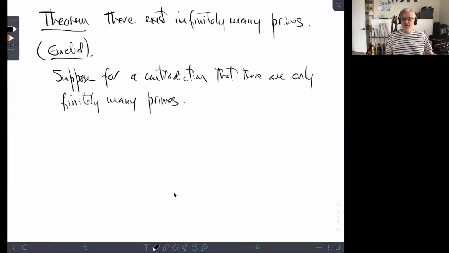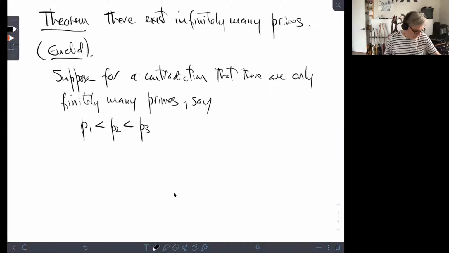If there are finitely many primes, I can make a list: P1, P2, P3, and we eventually reach the last prime, Pn. These are all the prime numbers that exist. That's our hypothesis, and we're going to try to get a contradiction out of this. And here's the trick.